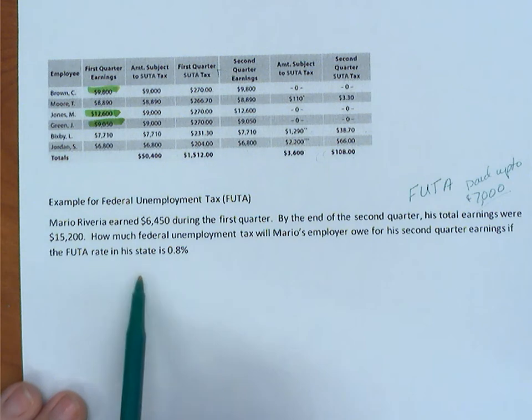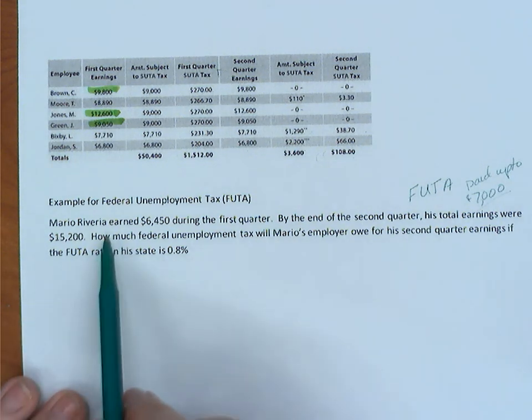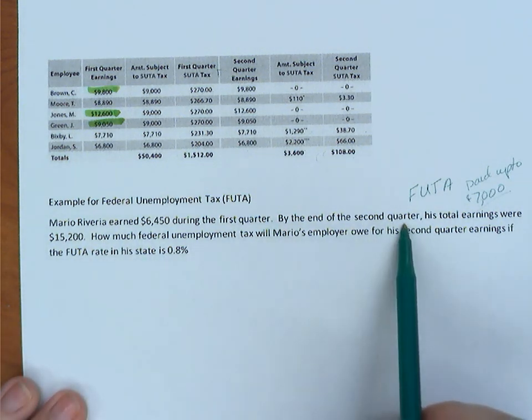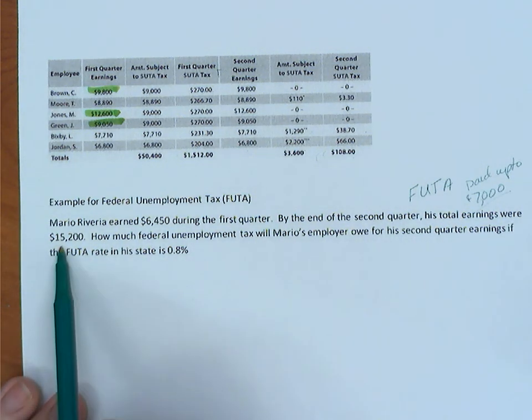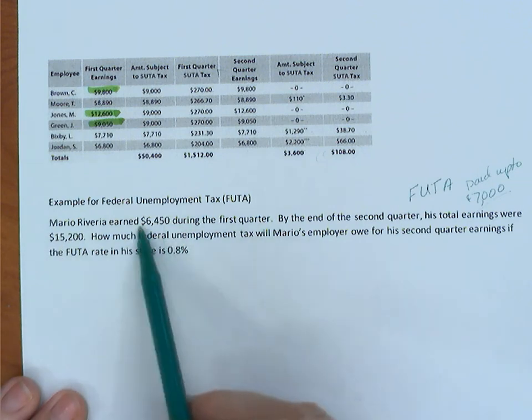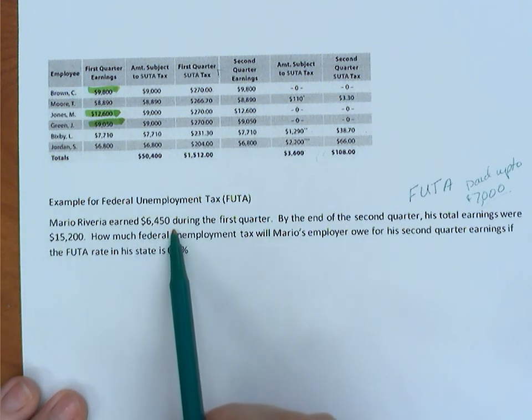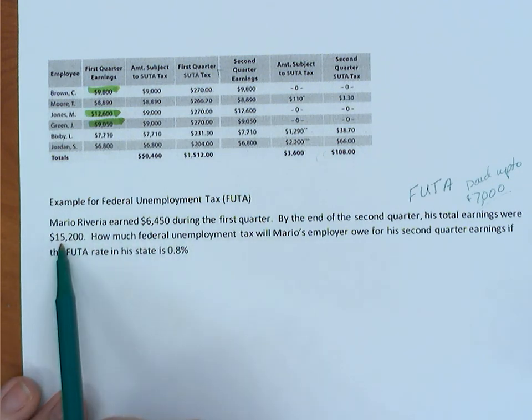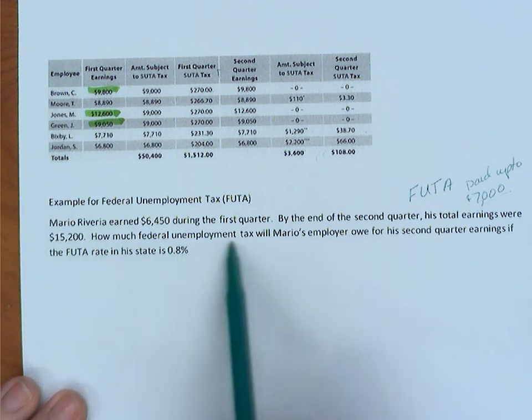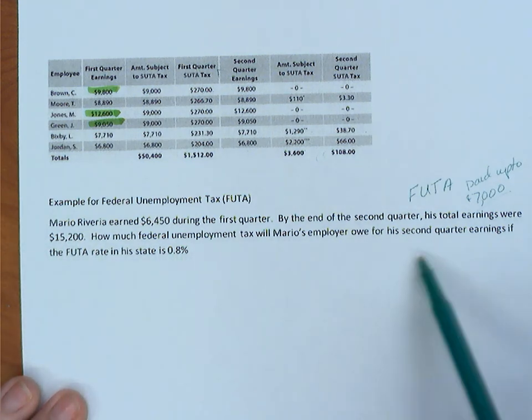So for this particular worker, by the end of the second quarter, his total earnings were this amount of money. So in the first quarter, he didn't reach the $7,000, but in the next quarter, he did. How much federal unemployment tax will Mario's employer owe for his second quarter?